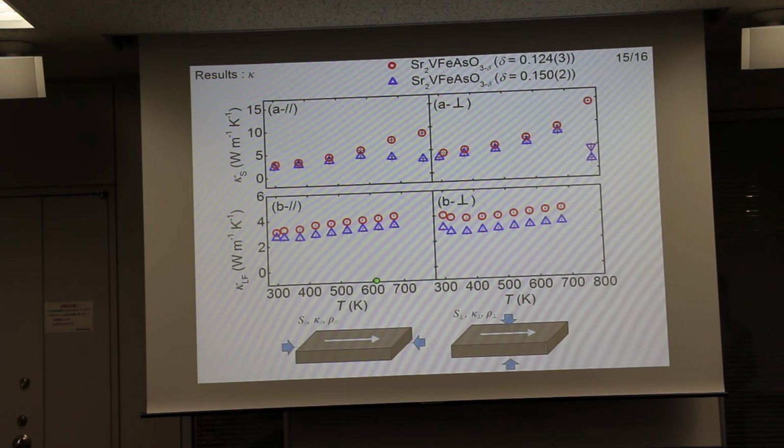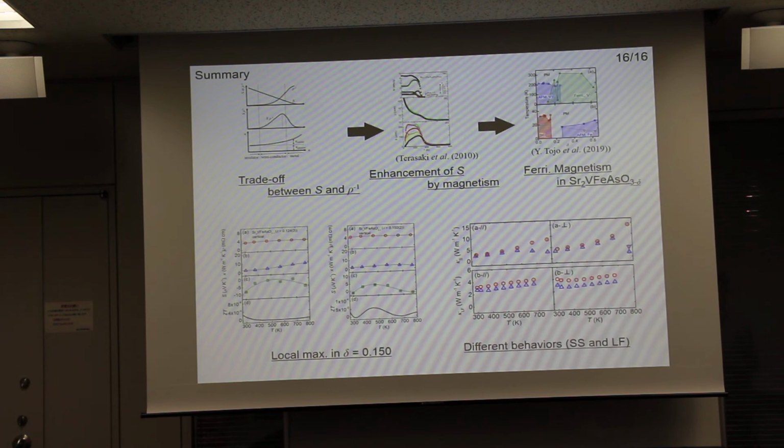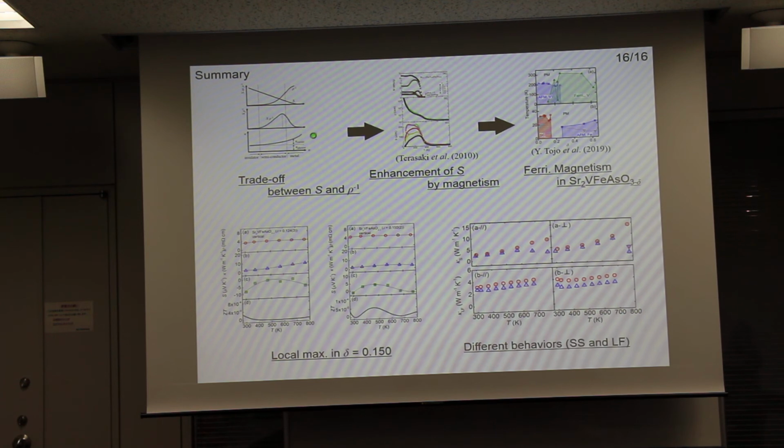So now it's almost time. In the conventional scheme, the Seebeck coefficient and the inverse of resistivity trade off. So another strategy is using magnetism.